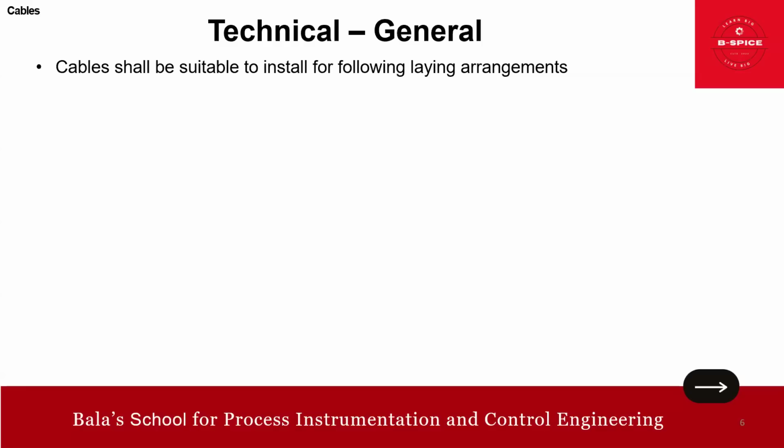Now we go to the technical aspects. I'll touch upon a bit of the general before going into the cable types and selection criteria. This is more of a general technical aspect.